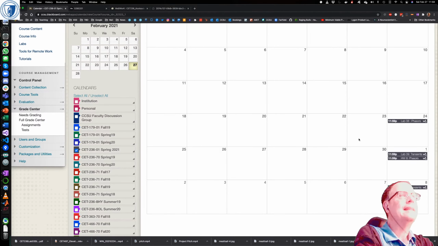Once we get that under our belts, then there's the lab for phasors, and the homework for phasors, and the lab for transients and the homework for transients. Just looking at the way I've got that organized now, I may reorganize that so that the homework for phasors is done before the lab, but we'll see how we go.